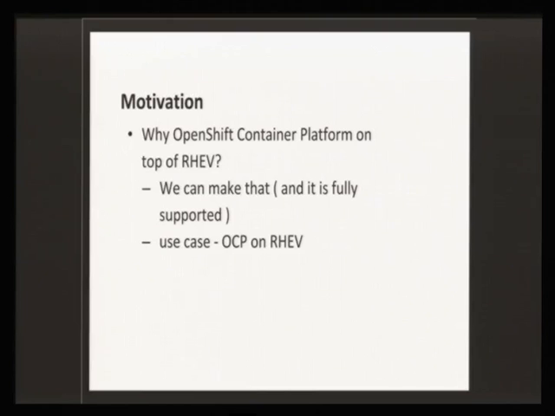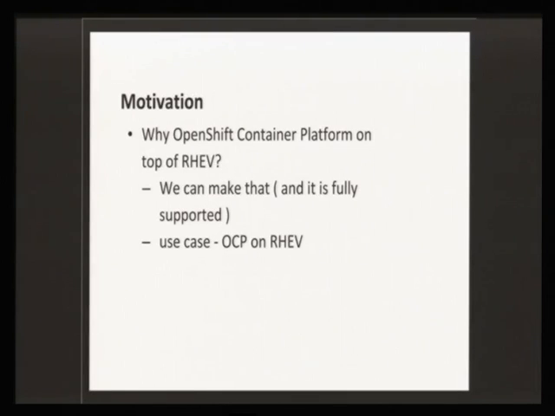Second case was to build an OpenShift container platform on top of RHEV, because you can find documents explaining how to build it on the Google Cloud, on Amazon, on OpenStack. But on top of RHEV, I did not find any, maybe I didn't look in the right places.